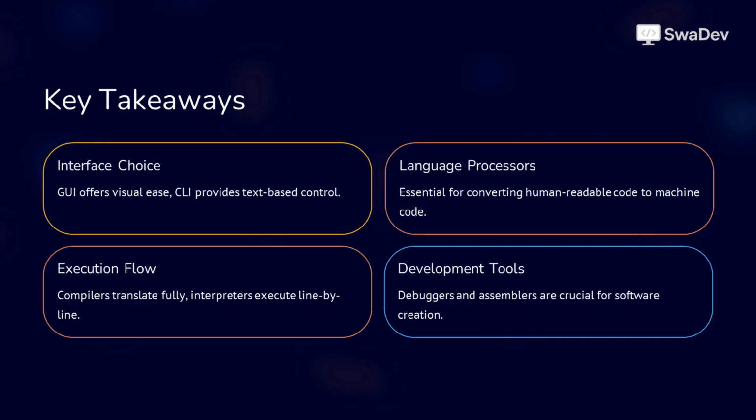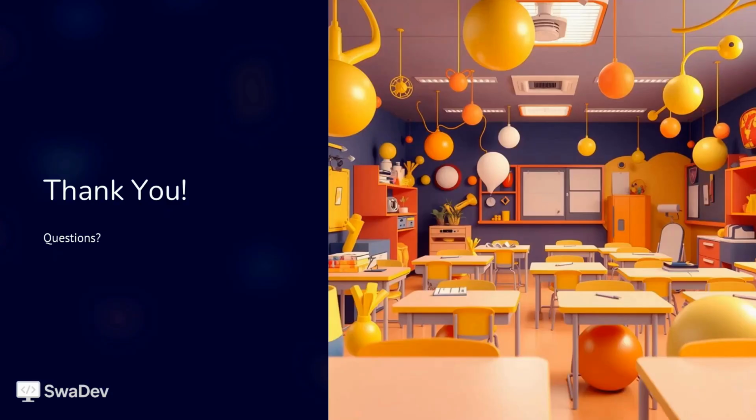Then we learned about the execution flow from human readable code to machine code. There we learned that compilers translate fully and interpreters execute line by line. Finally, beyond compilers and interpreters, we learned about debuggers and assemblers. Also remember, these are the building blocks of programming knowledge.